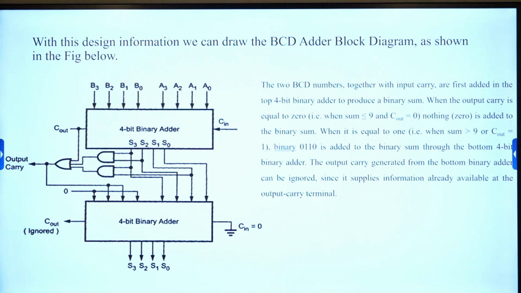The output carry generated from the bottom adder would be ignored, since it supplies information which is already available. Hence we are ignoring this C out. So this is the architecture or combinational logic circuit for the decimal adder, which we call the BCD adder.